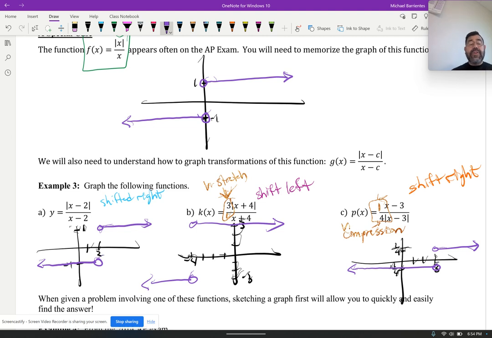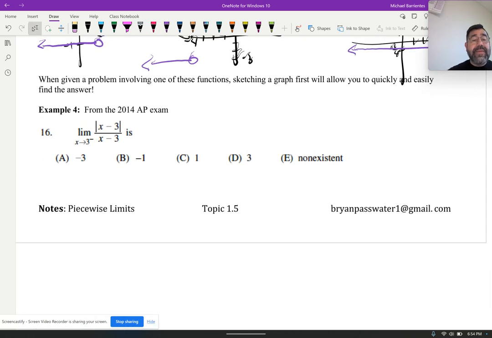The whole idea here is we need you to memorize what this graph looks like, because if you can make a quick drawing, you can figure out the limit fairly easily. So here's an actual AP exam problem. Find the limit as x approaches 3 from the left side of the function absolute value of x minus 3 over x minus 3.